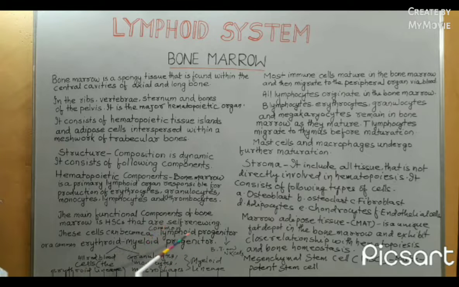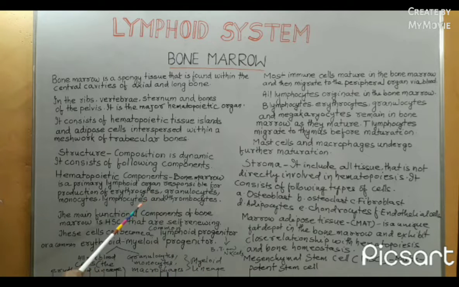The common lymphoid progenitor can give rise to B lymphocytes, T lymphocytes and natural killer cells, whereas the common erythroid myeloid progenitor gives rise to all red blood cells that belong to erythroid lineage, and can also give rise to granulocytes, monocytes and macrophages that belong to myeloid lineage.